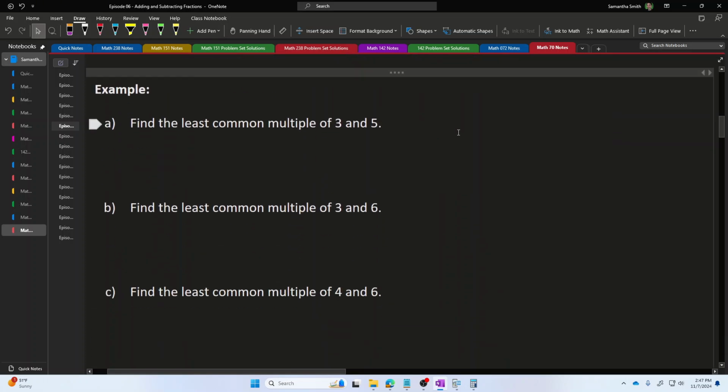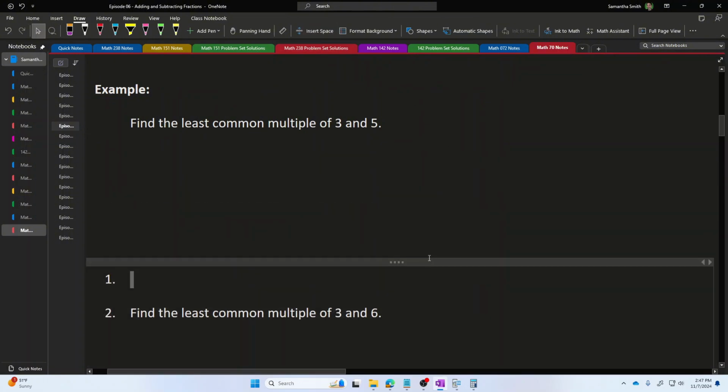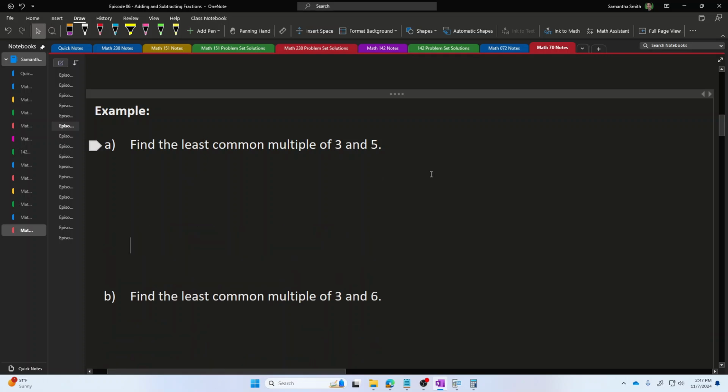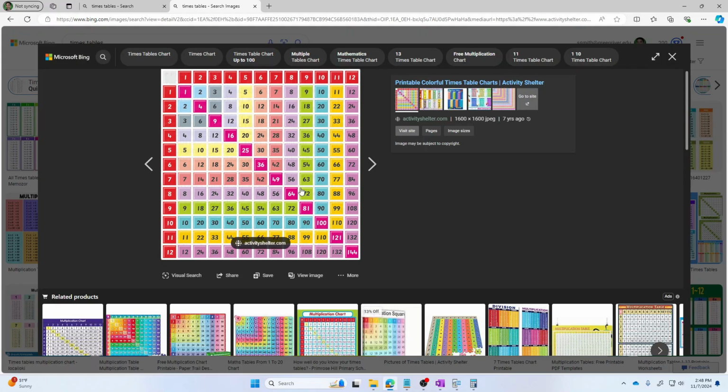So, for example, someone says, can we find the smallest number that works as a multiple for both 3 and 5? So I'm looking for a multiple of both 3 and 5, and I want it to be as small as possible. In the times table, if I look at all the multiples of 3 and all the multiples of 5, what's the first number that shows up in both lists?